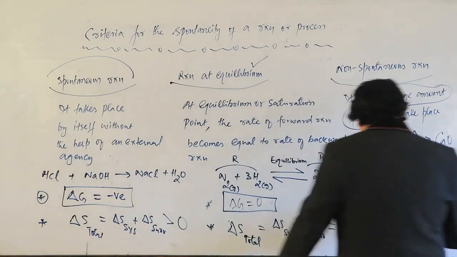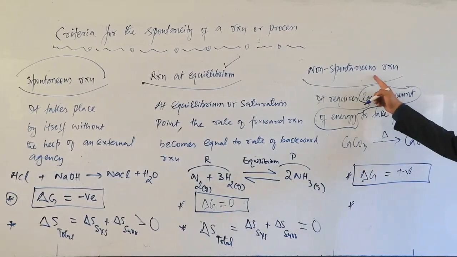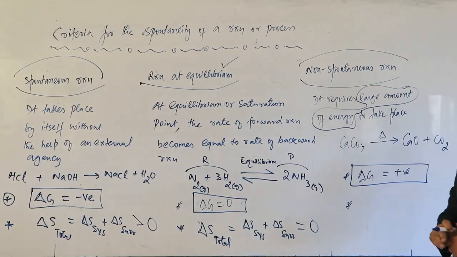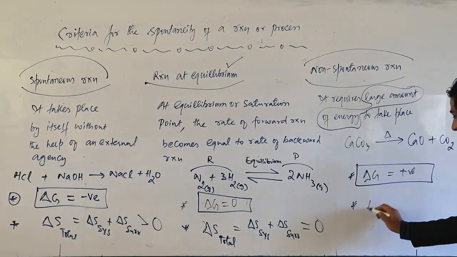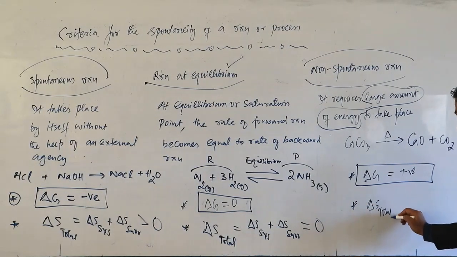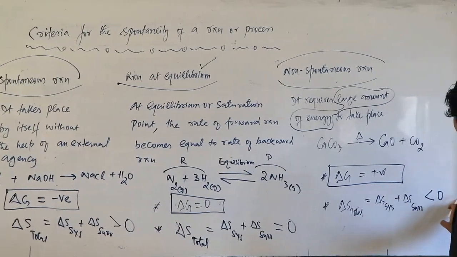Okay? Finally, when delta G is positive for a non-spontaneous process, then delta S total will be negative. Yes? So delta S total, which is delta S system plus delta S surroundings, is less than 0, my dear friends.